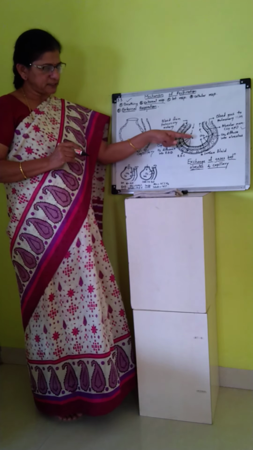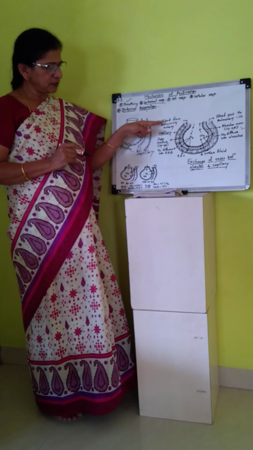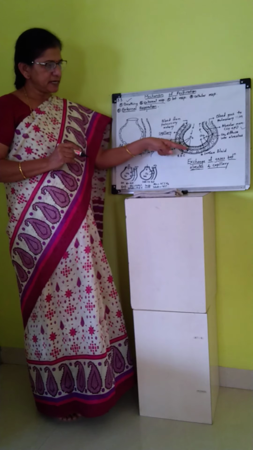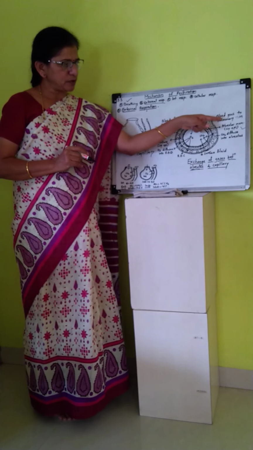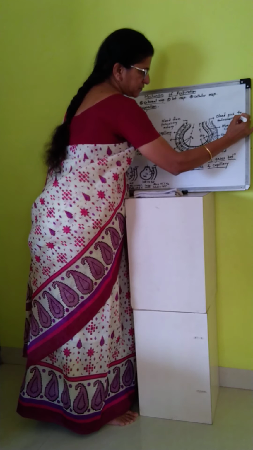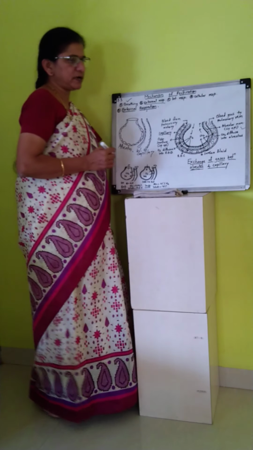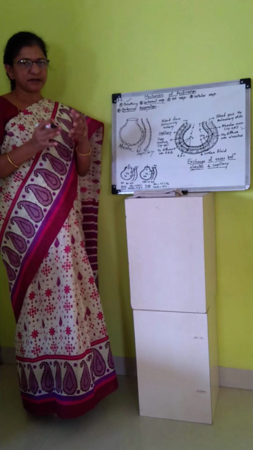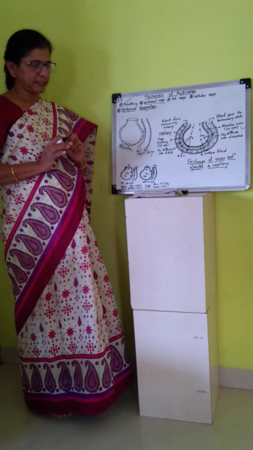Now here in this diagram, the blood from the pulmonary artery enters and then the blood goes to the pulmonary vein. So that is a specific network present in between the pulmonary artery and pulmonary vein. Right?